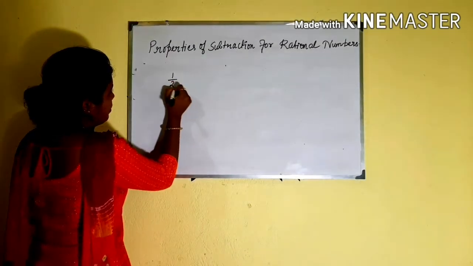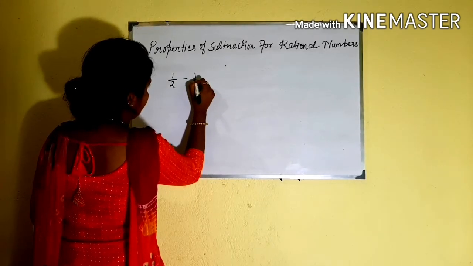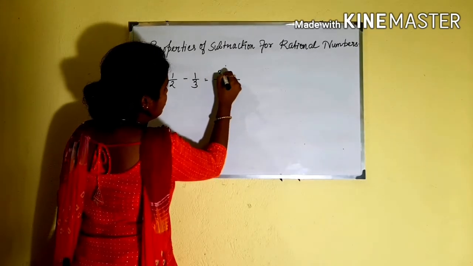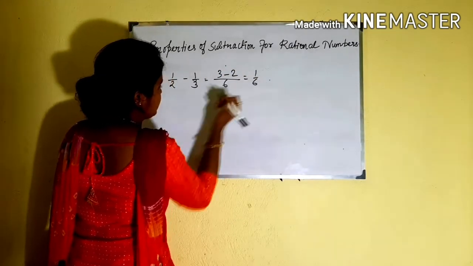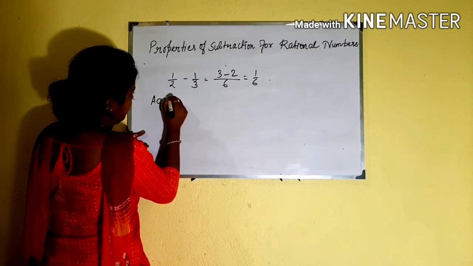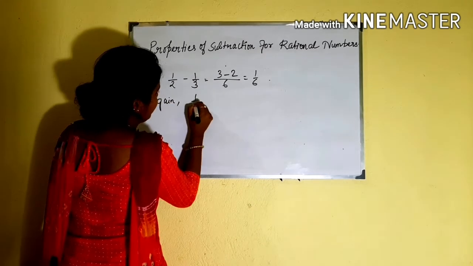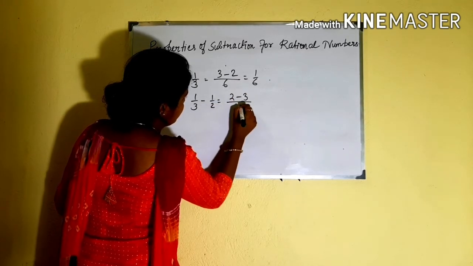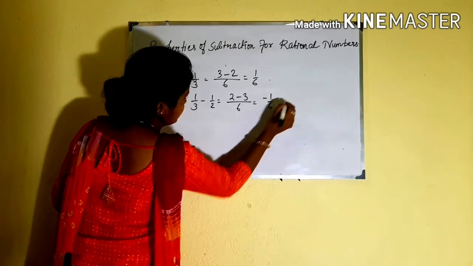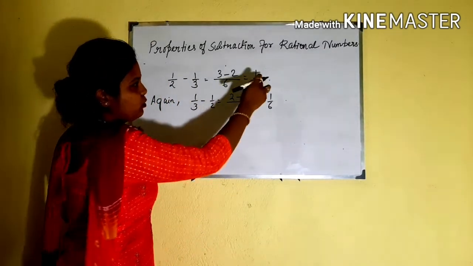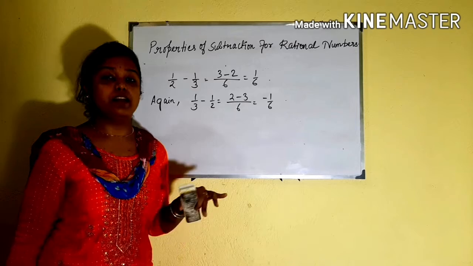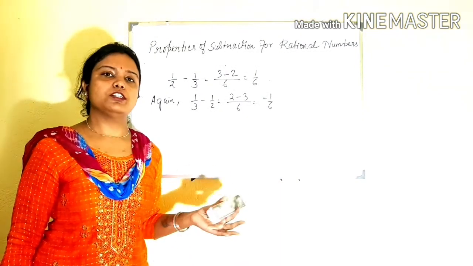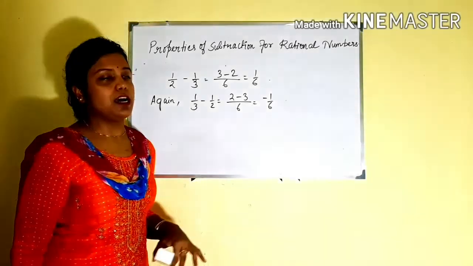For example, 1 by 2 minus 1 by 3: the LCM is 6 here, we get 3 minus 2, that is 1 by 6. Again, 1 by 3 minus 1 by 2, we get 2 minus 3, that is minus 1 by 6. You can easily see that 1 by 6 and minus 1 by 6, the results are different. So, for subtraction, if we reverse the numbers and subtract, the results are not the same.